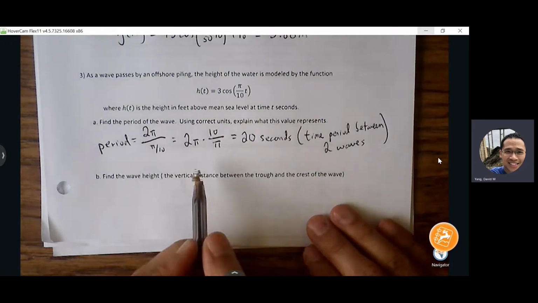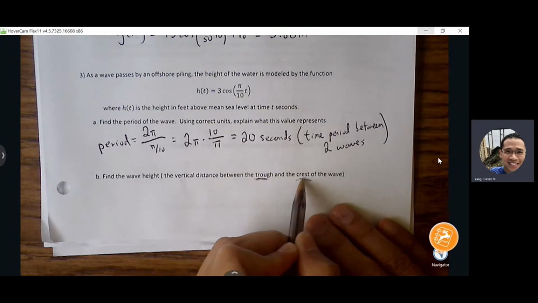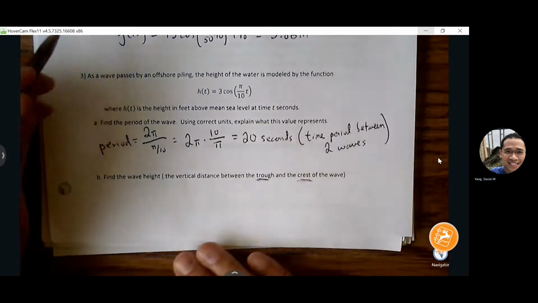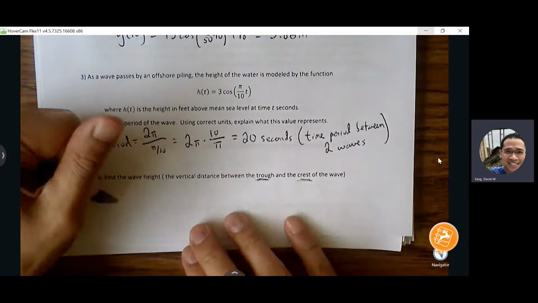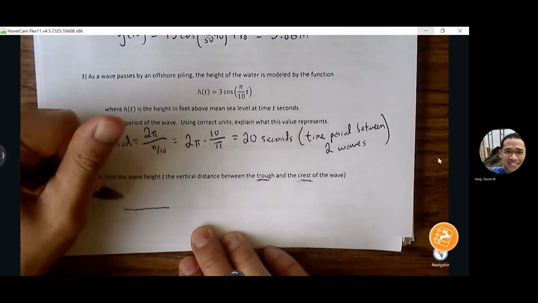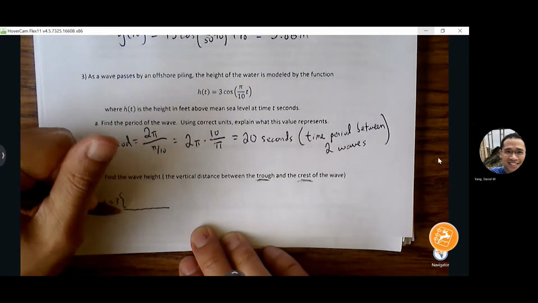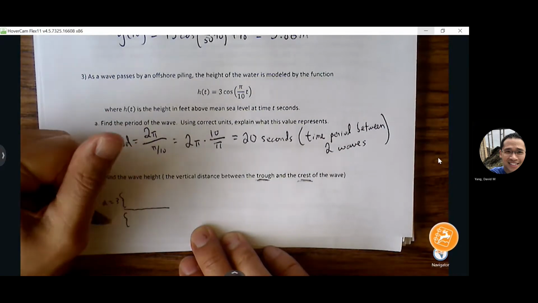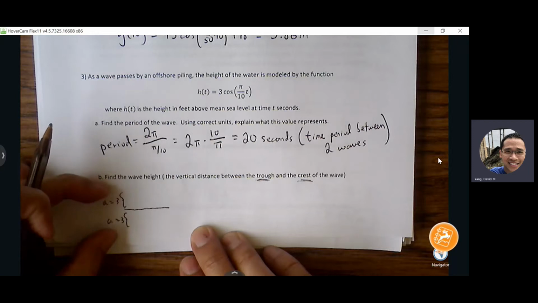Okay. Finding the wave height, so we just have to measure the distance from the valley to the peak. So we know our amplitude is 3. So that means there's a difference of 6, right?